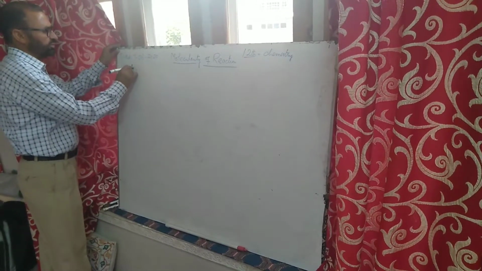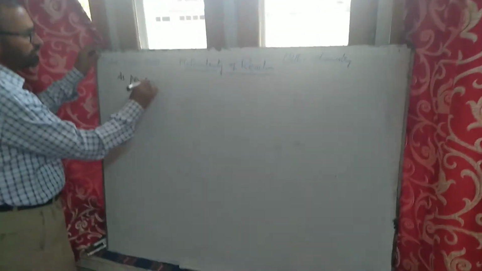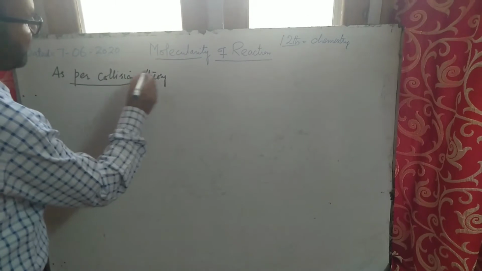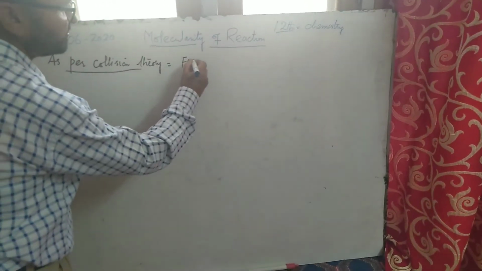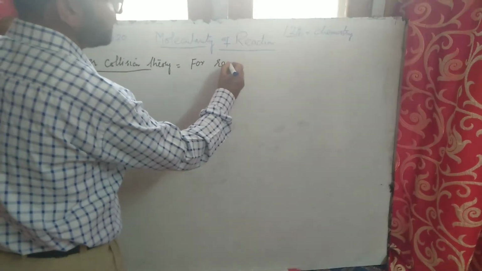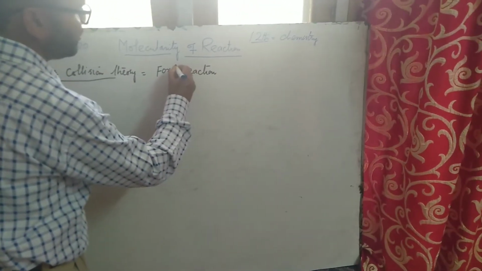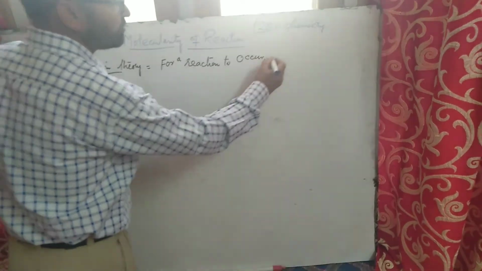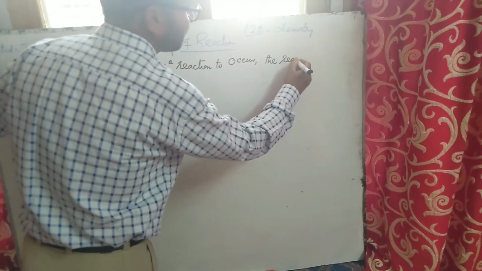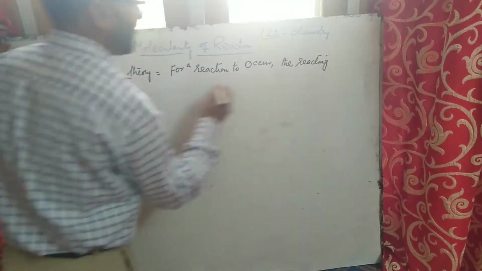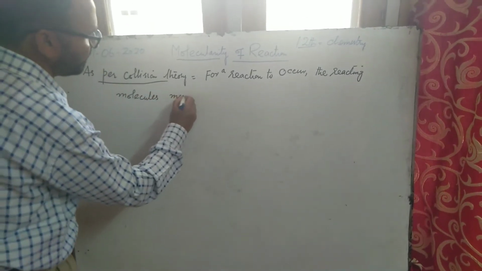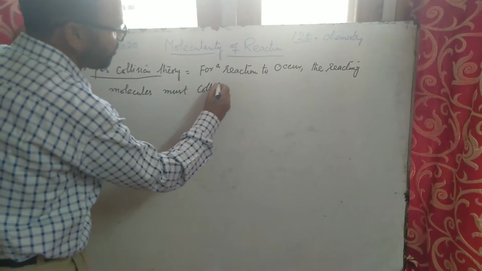As per the collision theory, for a chemical reaction to occur, the reacting molecules must collide. This is the basis of the collision theory.